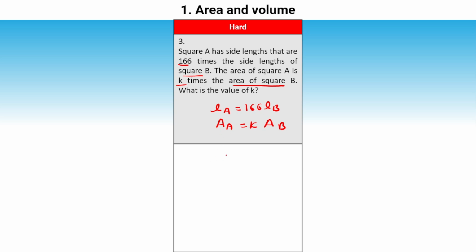Now let's use the area. Area of A is la squared, equals k times the area of B. Since it's a square, the area of B is lb squared. So what is la squared? It is 166 lb squared, right?